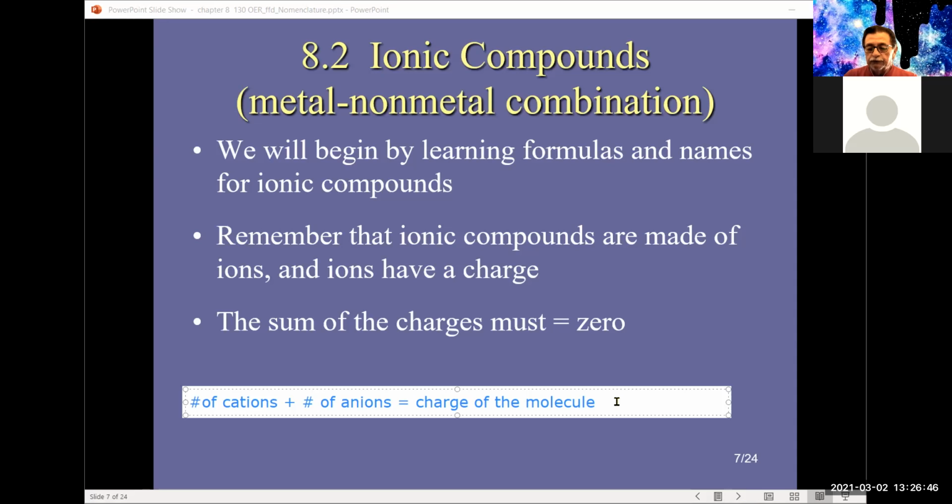I can also use it in case I don't know the charge of the cation, for example, but I do know the charge of the anion, and I know the charge of the molecule. So I can use it to calculate the charge of the cation. It's a simple algebraic equation, A plus B equals C. I either know A and B to give me C, or I may know B and C to give me A, or I may know A and C to give me B, any combination thereof.